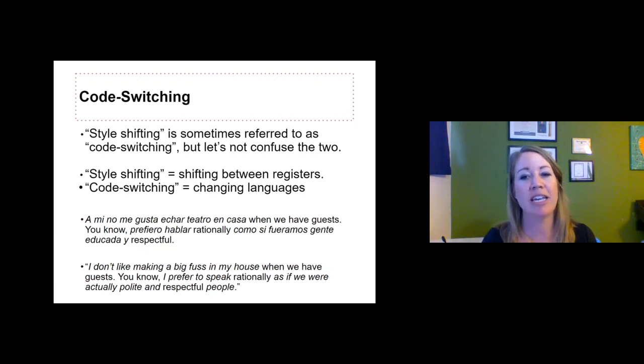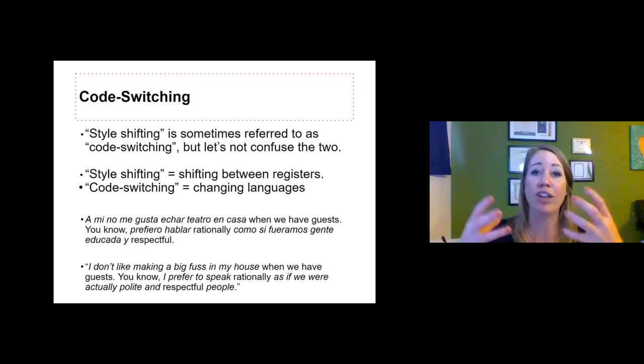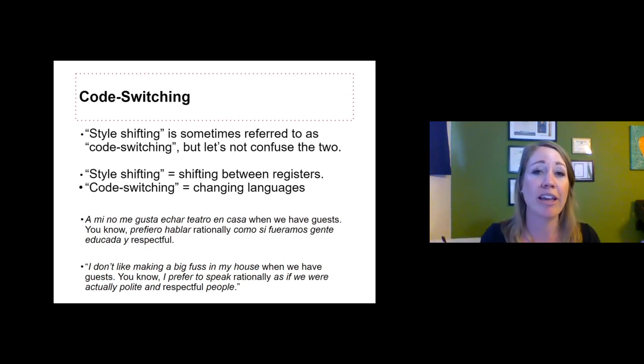So style shifting is when you are changing the dialect of English you're using to fit into a situation. Again, we're just talking about English right now, but this could apply to anything. Style shifting is when you're using the same language, but shifting the dialect you're using to fit into that situation. Remember, the difference between a language and a dialect is that people with different dialects can still communicate with each other.